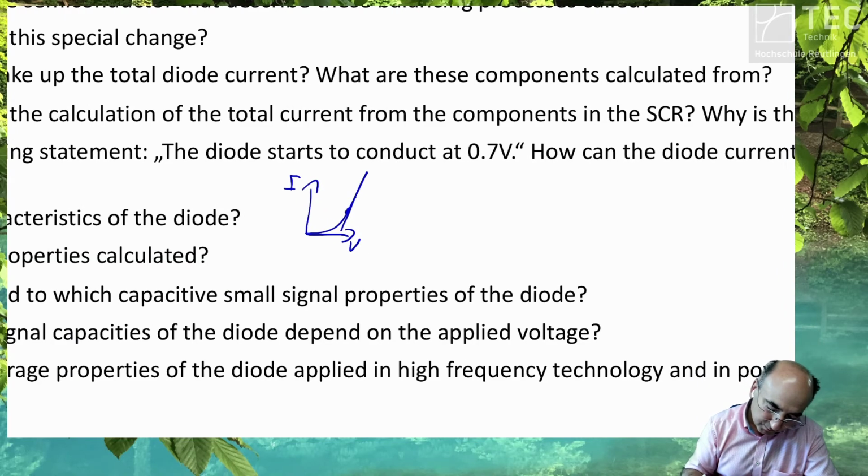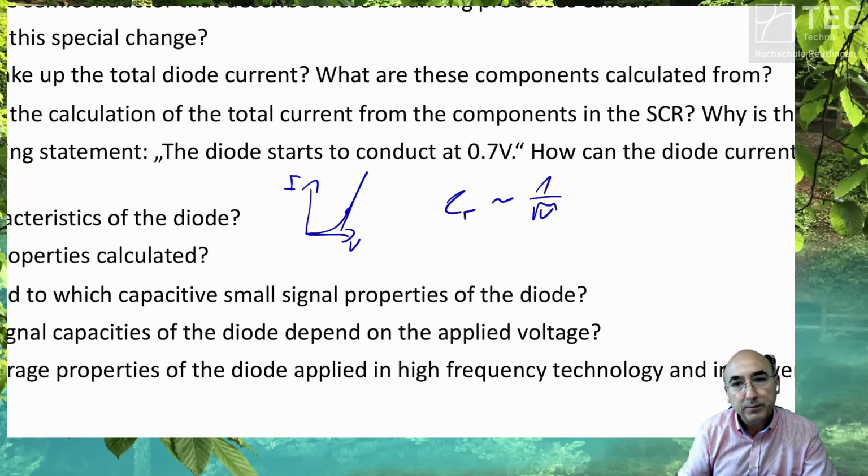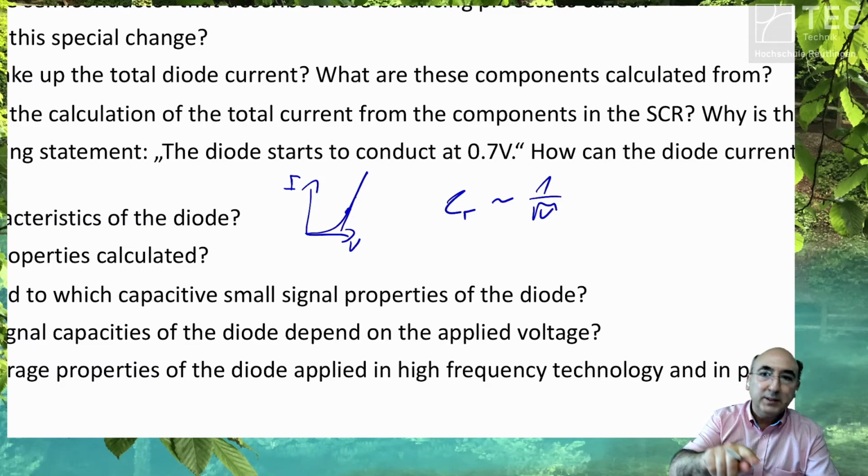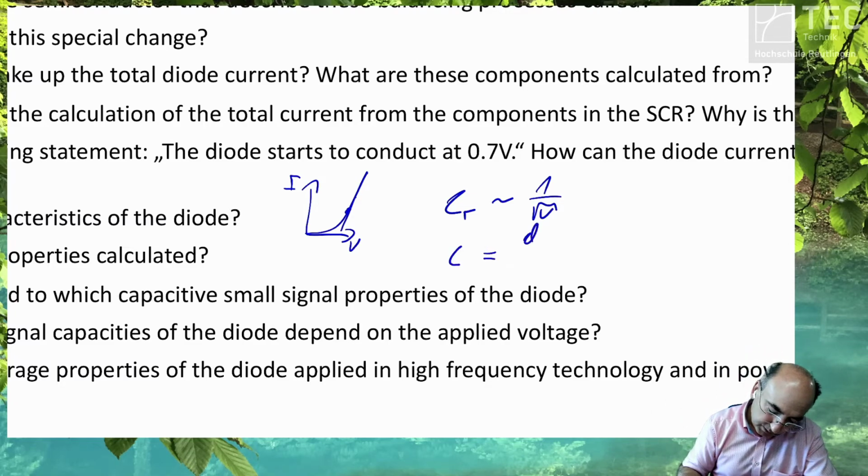First. Second, you have the capacitance of the space charge. The space charge region has a 1 over square root of the voltage as a small signal characteristic because you calculate it with dQ over dV. And the third one is the diffusion capacitance.